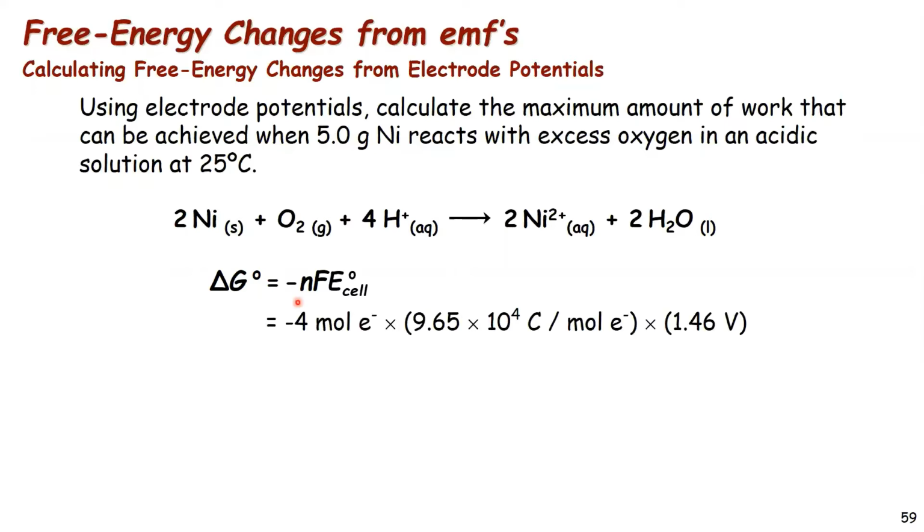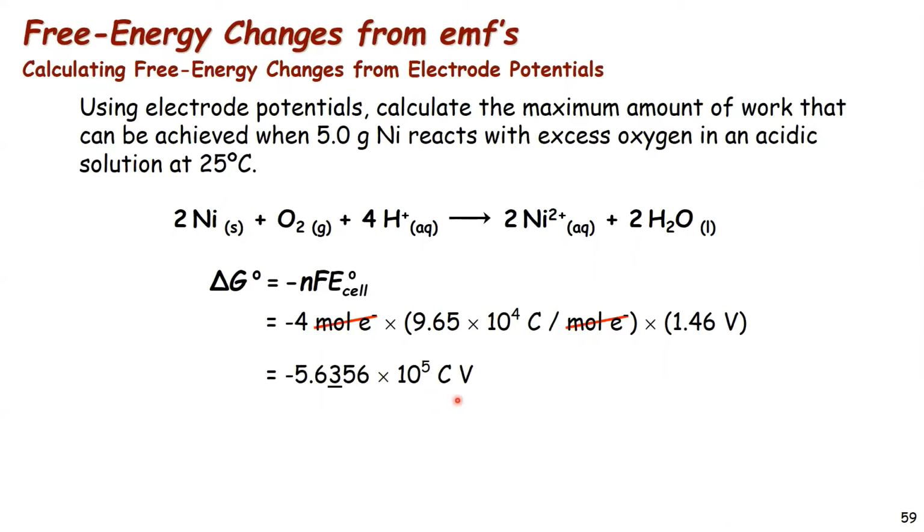And so the 4 moles of electrons, the Faraday's constant, which is the 96,500 coulombs per mole of electron, and then the standard cell potential, since this is under standard conditions, which would be 1.46 volts. So we can see the moles of electrons cancel.